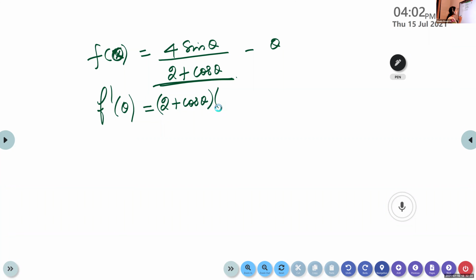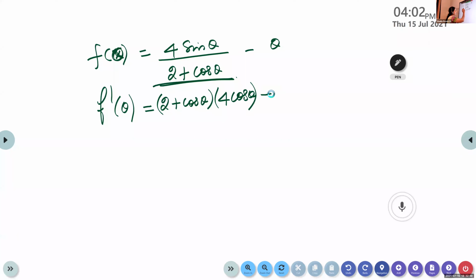Cos theta. So the derivative of 4 sine theta is 4 cos theta.